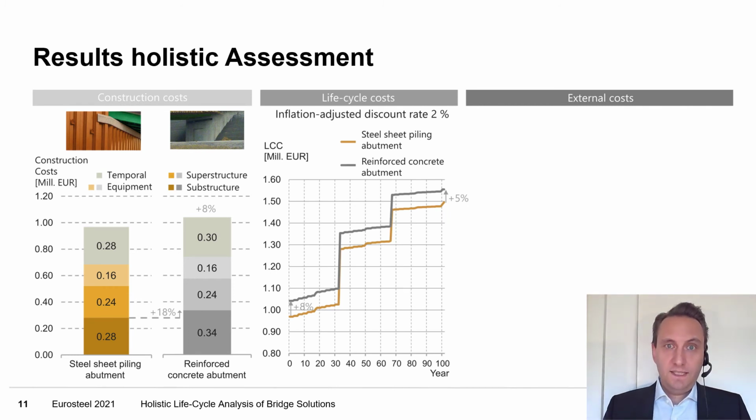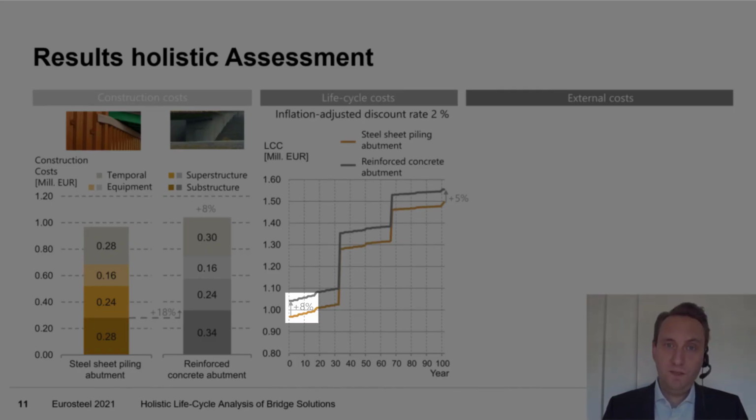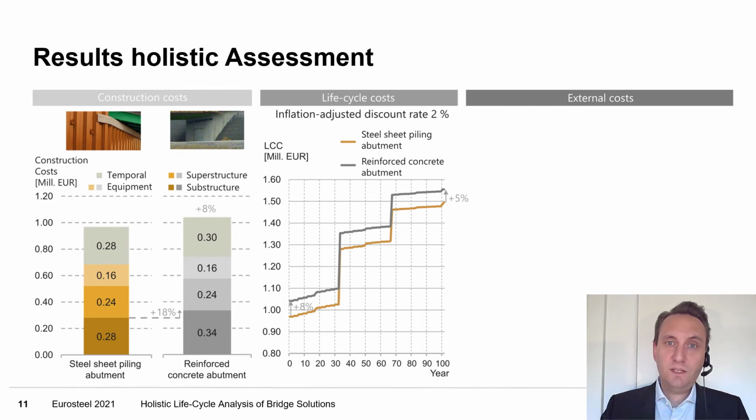If I now calculate my life cycle costs, I can see that in year 0, the erection year, my 8% difference occurs, and then the different life cycle costs develop nearly the same. And at the end, I still have an advantage for my steel sheet piling abutment of nearly 5%.